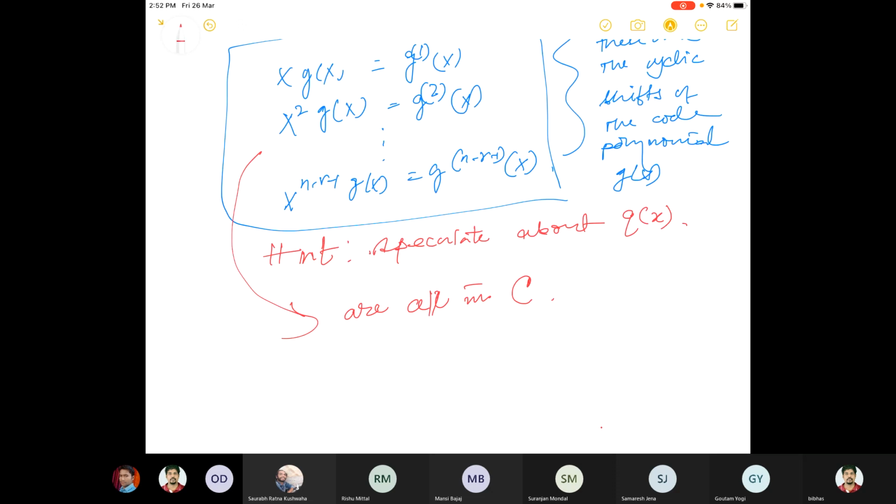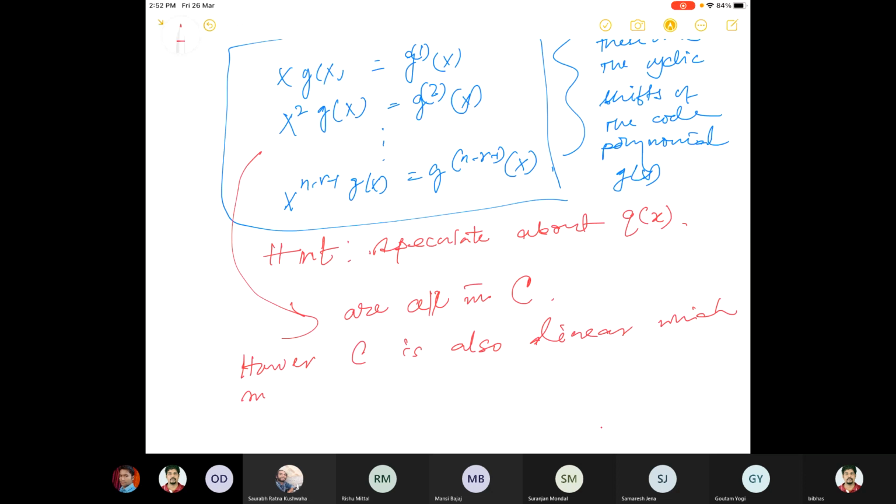Now C is also linear. So meaning what? It is a linear subspace. So if you have code elements here, then the linear combination of those elements, scaling and addition, is again in C.